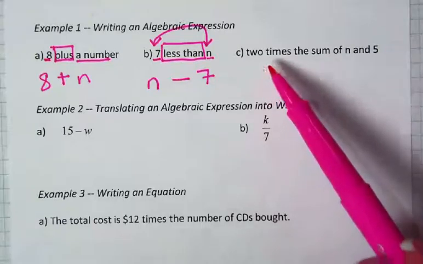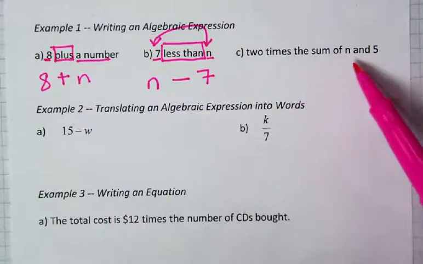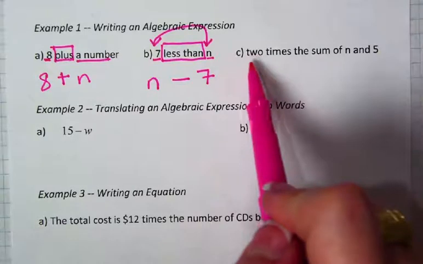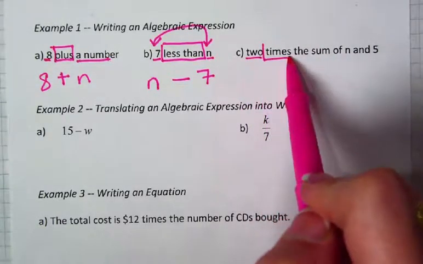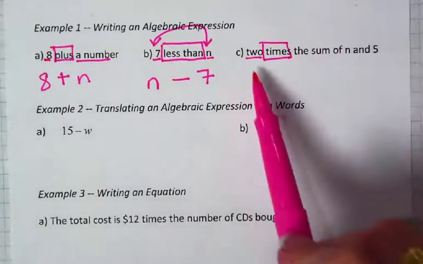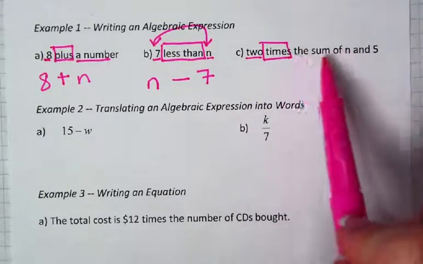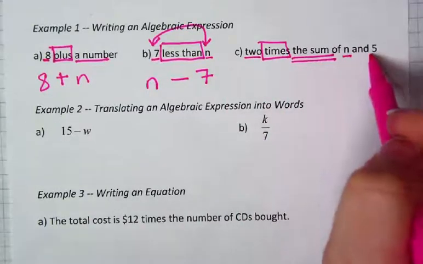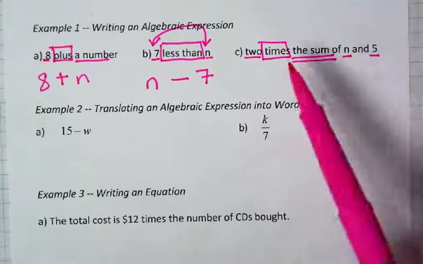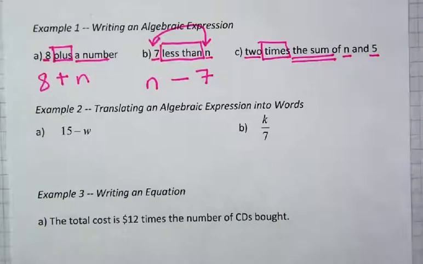In letter C, I've got 2 times the sum of n and 5. So we've got the number 2 times. Now here's where you have to be careful, because what are you timesing by? You're timesing by the sum of n and 5. If I look back into my words into math, this is actually going to fall under the parentheses words.